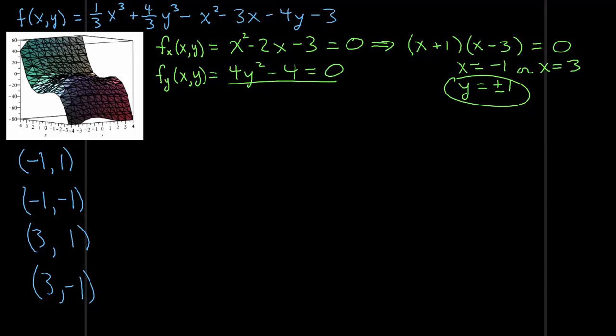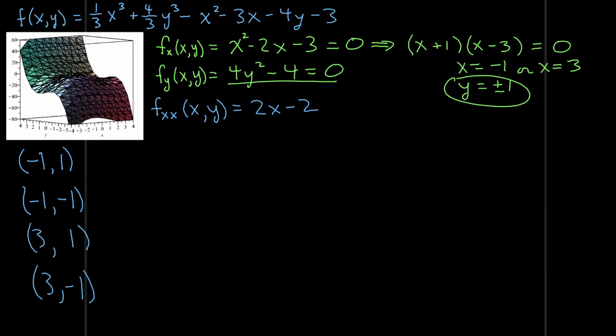Now, I'm going to need the second derivative because what I'm trying to do is use that formula that we just looked at. I'm trying to find big D. So here we go. The second derivative with respect to x is going to be 2x minus 2. Okay, that's the second derivative.